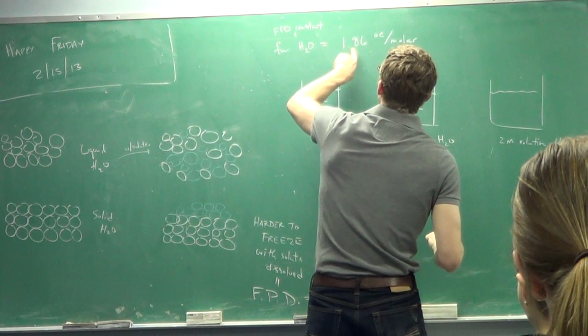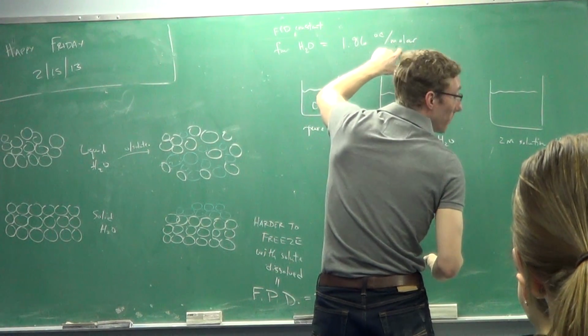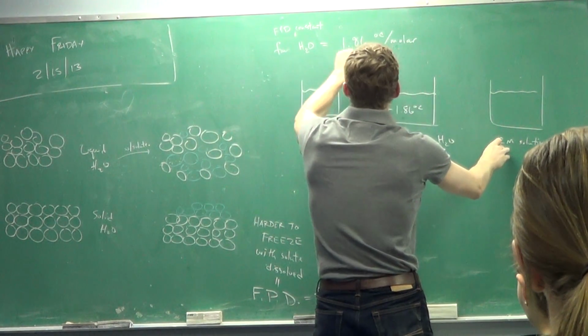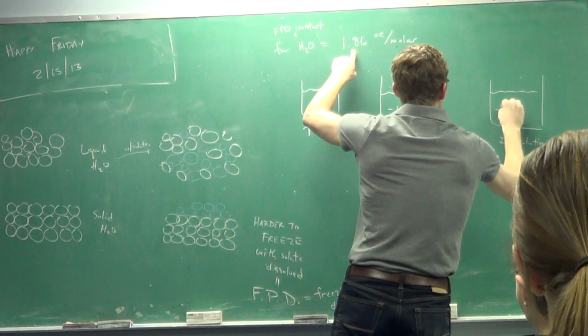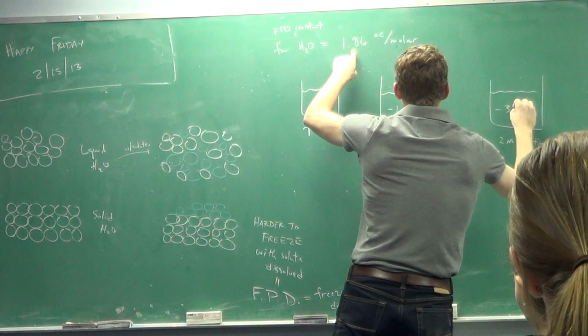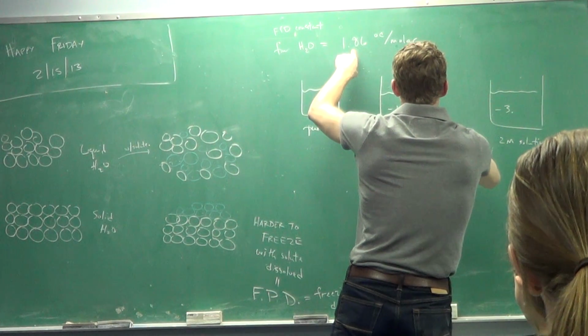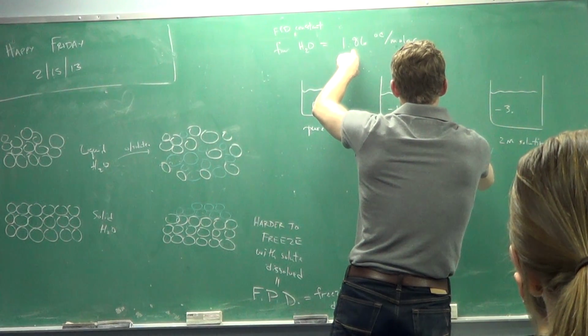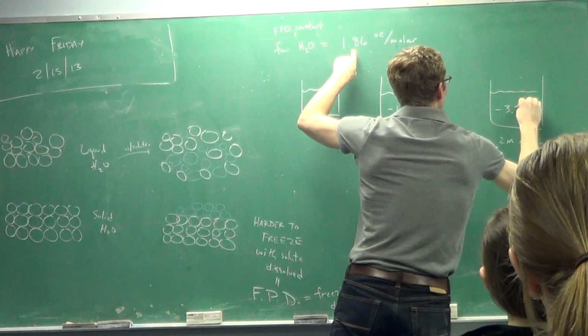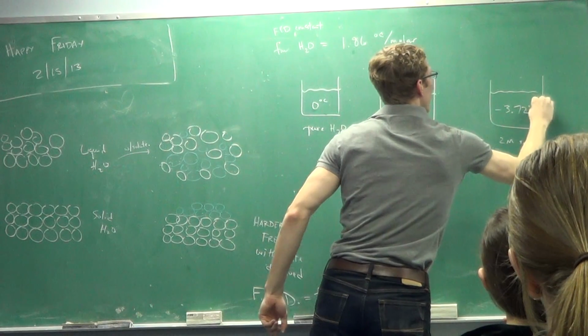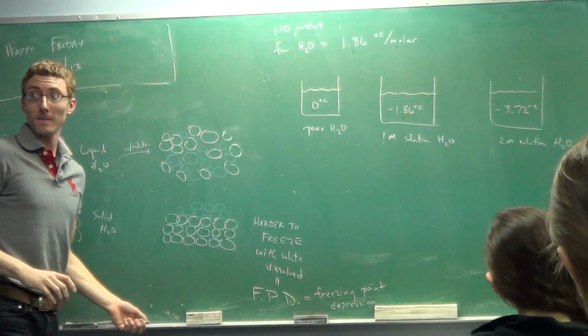Now, if it's 1.86 degrees Celsius per molar, here we have 2 molar, that's going to be 2 of those 1.86 degree chunks. That's going to be minus 3.0, math, come on, minus 3.72 degrees Celsius. Even harder to freeze.